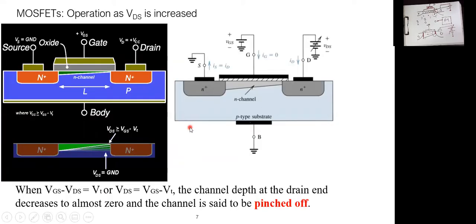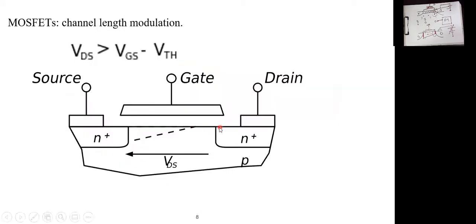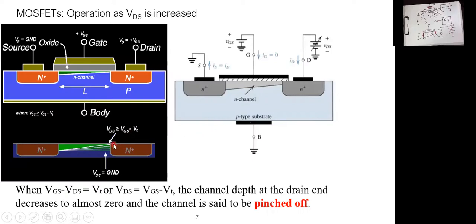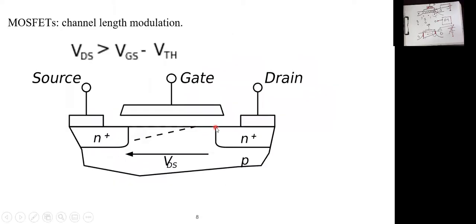So once you increase the voltage greater than VDS sat, or the pinch-off voltage, your channel will start to disappear and go toward the source, as you can see. So now the pinch-off point is here when VDS equals VDS sat. Whenever you increase VDS greater than VDS sat, the pinch point starts to go toward the left, towards the source.